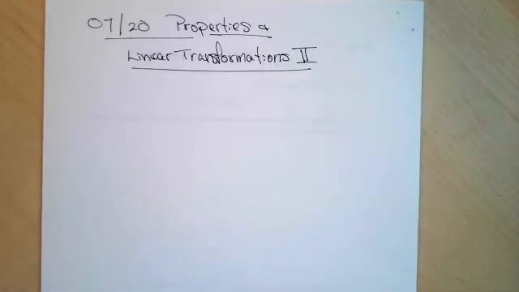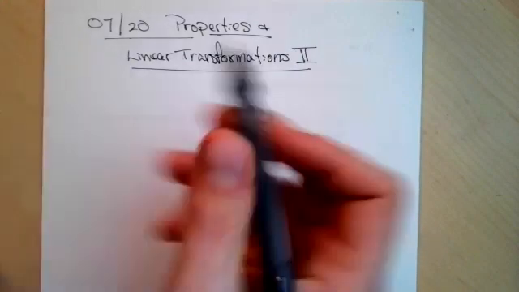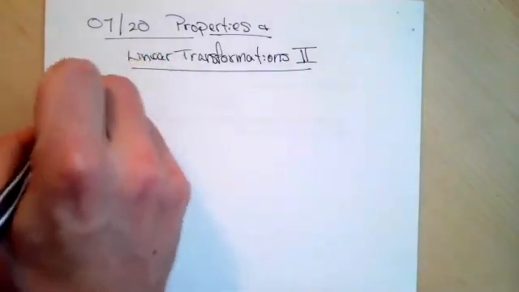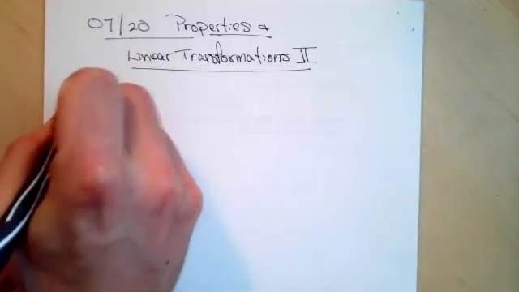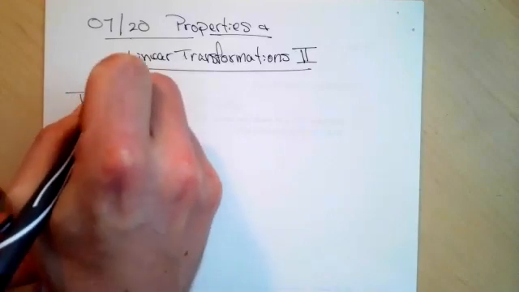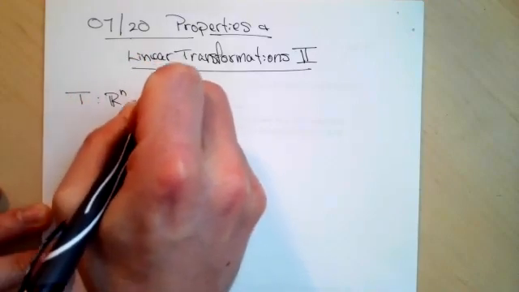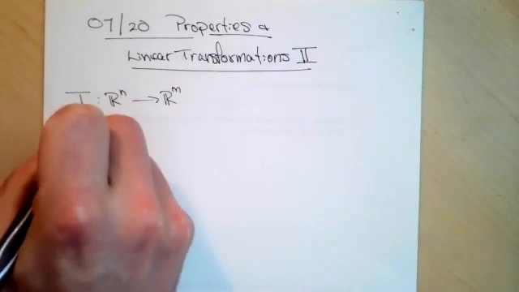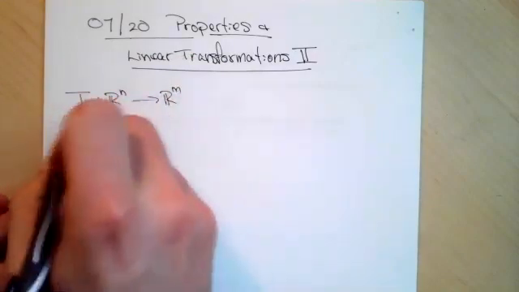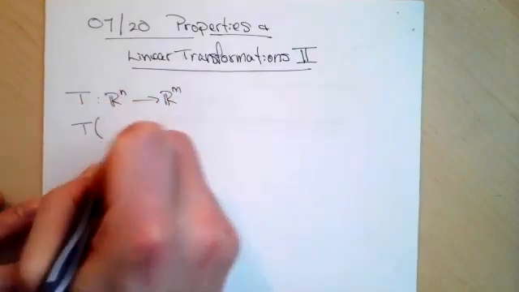So our linear transformations then are these special functions that we found that preserve this notion of flatness, right? We've really found that a linear transformation, we'll say from Rn to Rm, is going to have the property that it preserves linear combinations.